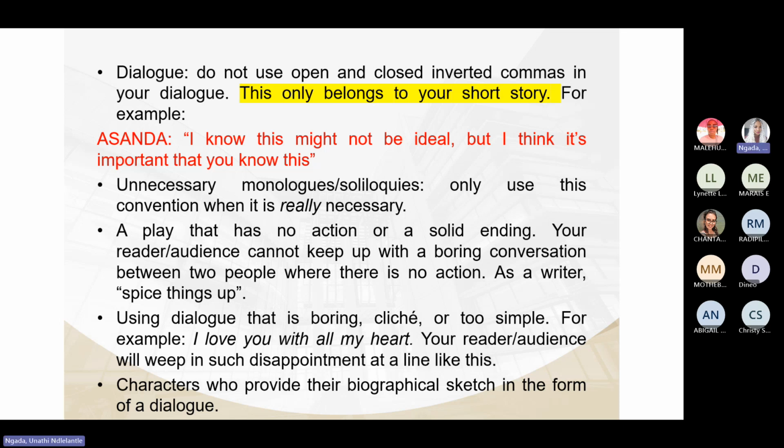away. Avoid dialogue that is very boring, generic, or cliche, or even very, very simple. And there is nothing more painful than reading a line in a play that says, I love you with all my heart. Your reader is going to weep with such disappointment.